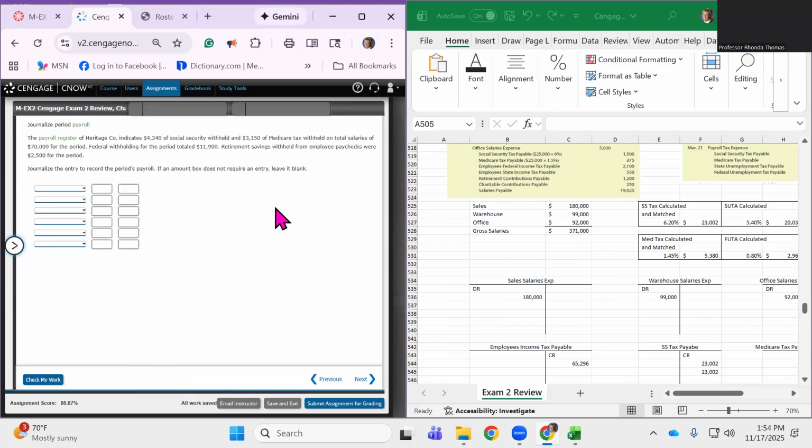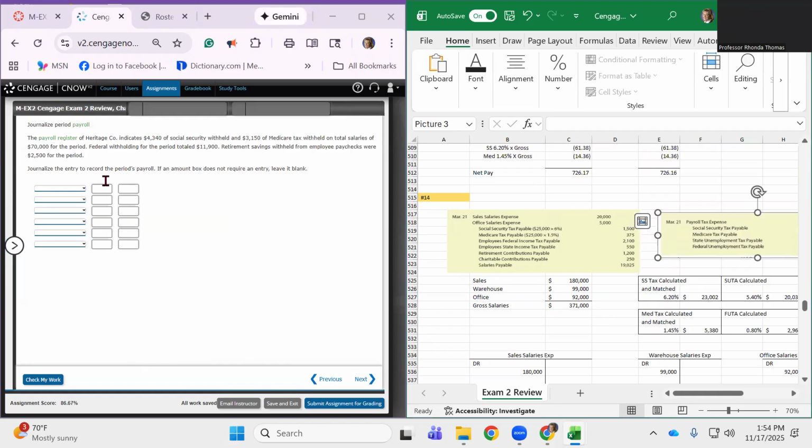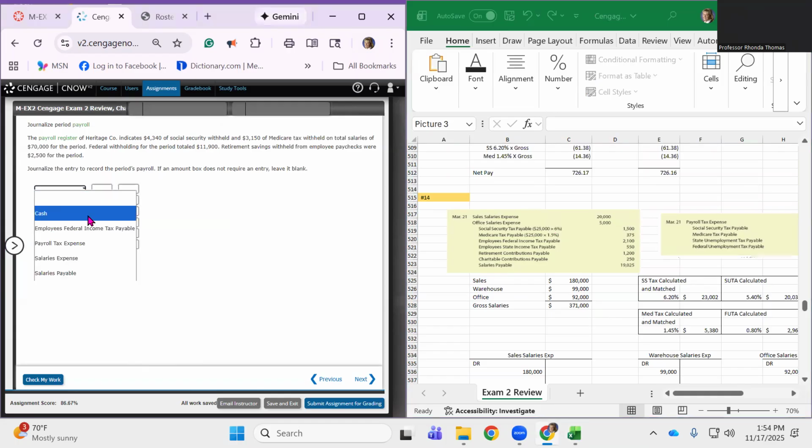The payroll register indicates that we probably don't need all this. This was a lot bigger problem, but we're trying to create something like this right here. Okay, this is what we want. So we're going to put all this stuff in and we're going to find payroll expense up here.